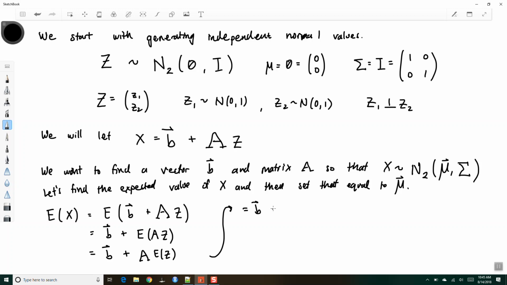This will become B plus, what is the expected value of Z? It's 0. It's the zero vector. So we've got A times the 0 vector. So this will just become B. So the expected value of X is just the B vector.